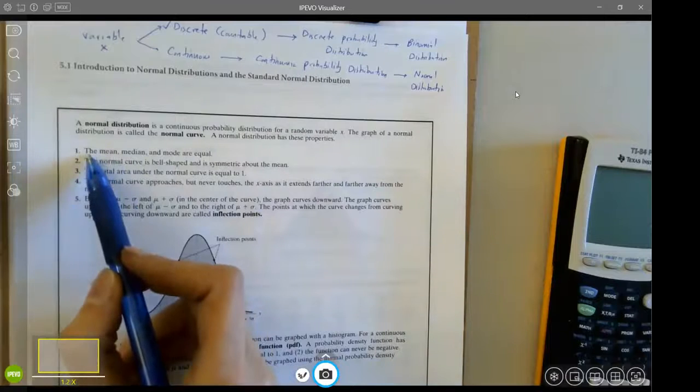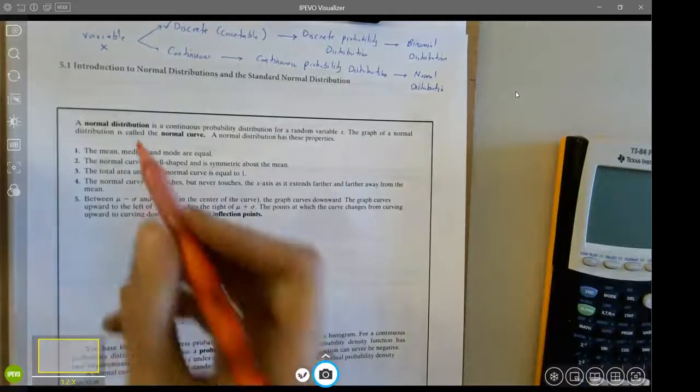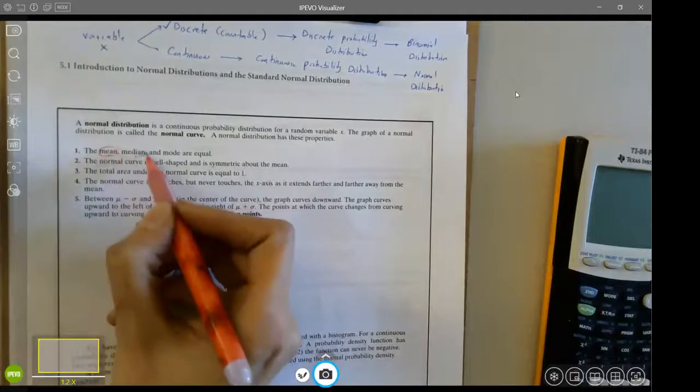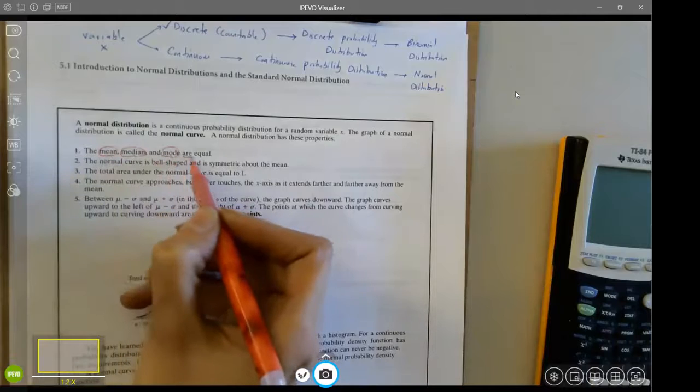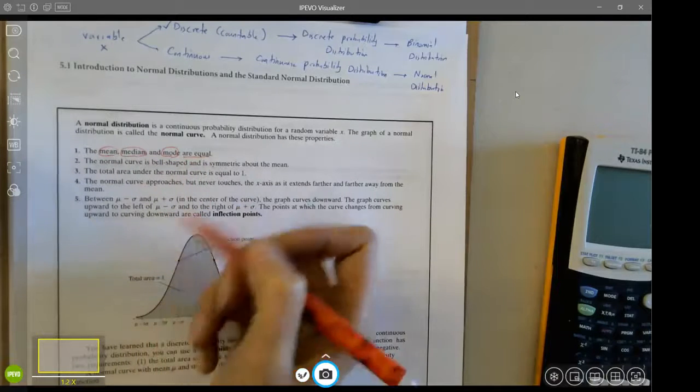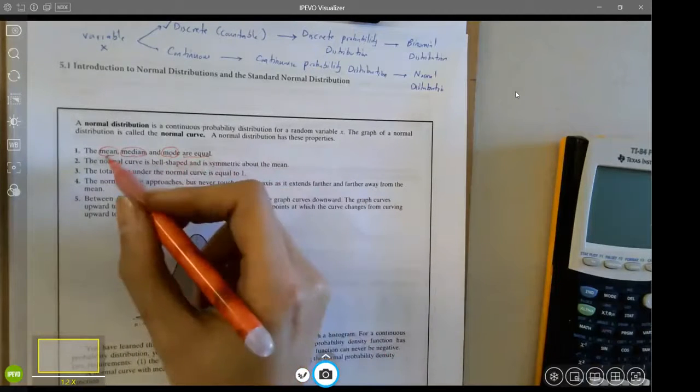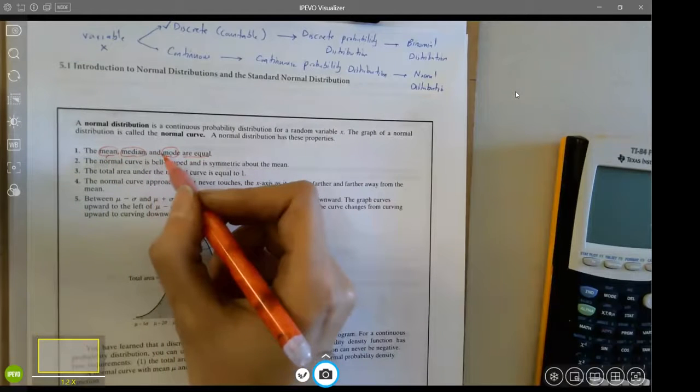First of all, the mean, median, and mode are all equal to each other. So the measure of center can be either mean, median, or mode.